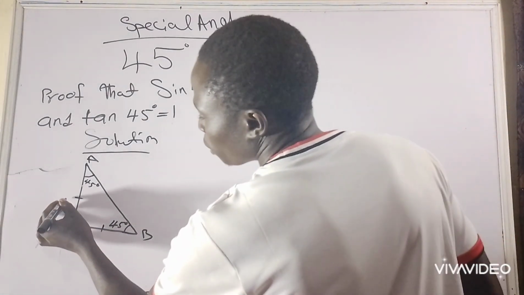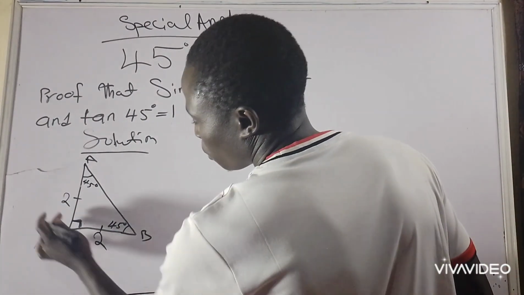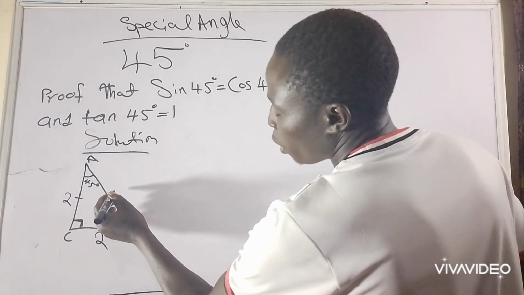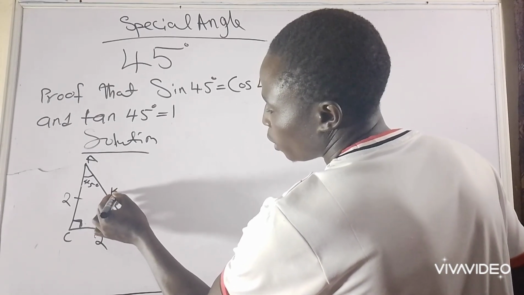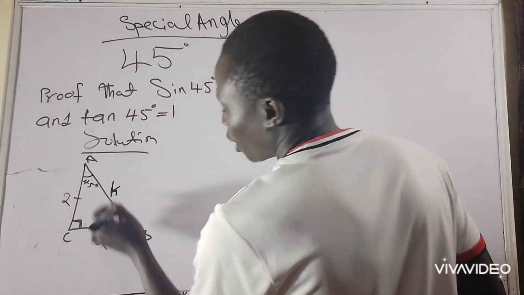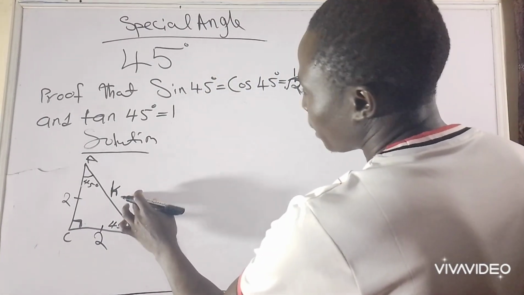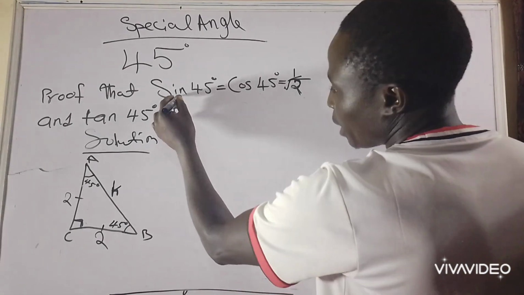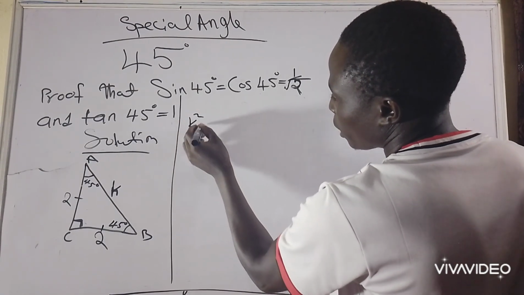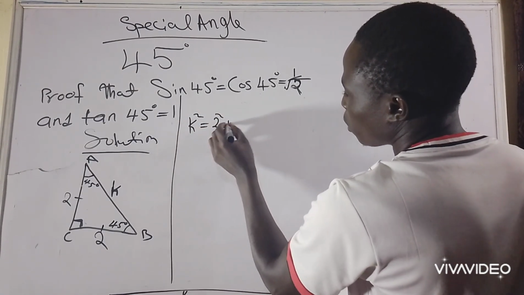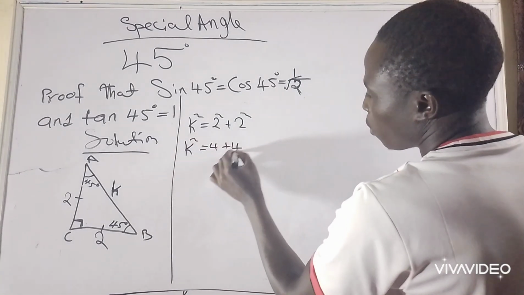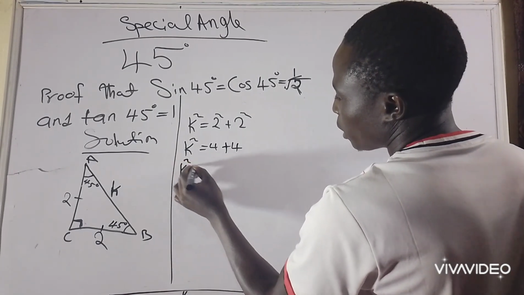So let me pick 2 as my unit, because this side will also be 2. Let's call the hypotenuse K and find K using Pythagoras theorem. K squared is equal to 2 squared plus another 2 squared. That means K squared is equal to 4 plus 4, so K squared is equal to 8.